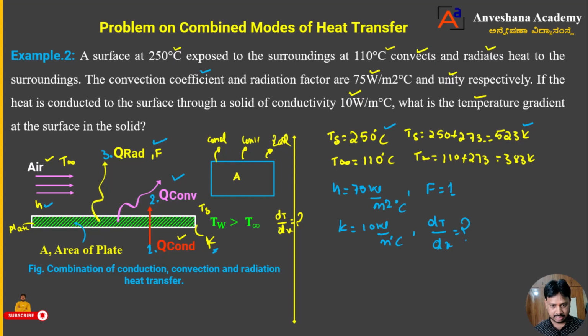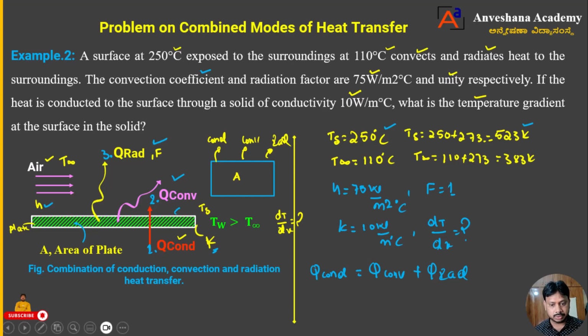I will write the same thing in terms of an equation: Q conduction is equal to Q convection plus Q radiation. Initially conduction takes place in the metal, then the plate gets heated, then the heat transfers from the plate to the surrounding through convection and radiation. That is, conduction heat transfer is equal to convection heat transfer plus radiation heat transfer.